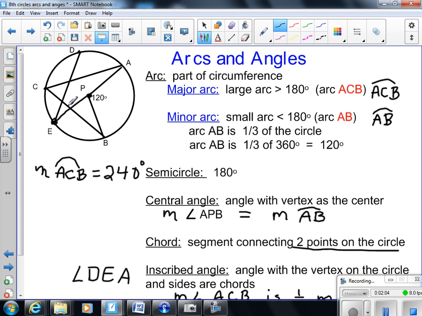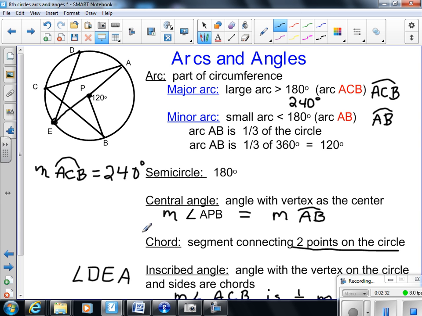So I have 180 plus 60 gives you a total of 240 degrees. So you can also find the measurement of major arcs. Okay, so the measure of arc ACB is 240 degrees. And we used what we knew about a semicircle being 180 degrees, and then what the other semicircle should be, 180, and what this missing part is.